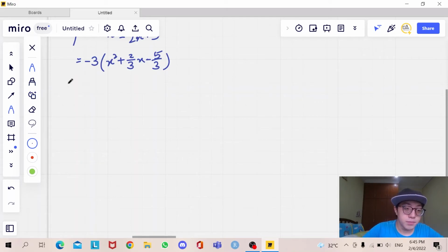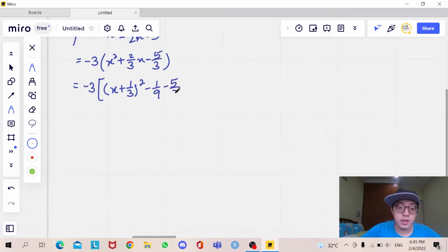From here, we create a square bracket equals -3 x plus this one divided by 2, so multiply by 1 divided by 2, which equals 1 divided by 3, squared. Always put minus. 1 divided by 3 squared is 1 divided by 9, and then bring down the constant. It's just that easy.